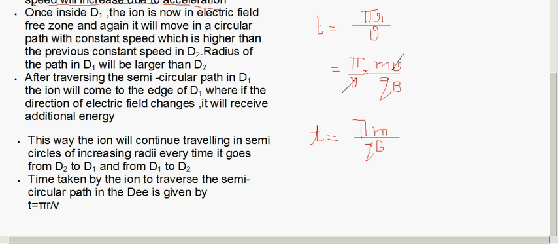So the time period of the total motion, that means the time period to complete one circle, will be 2t, which is 2 pi m by qB.